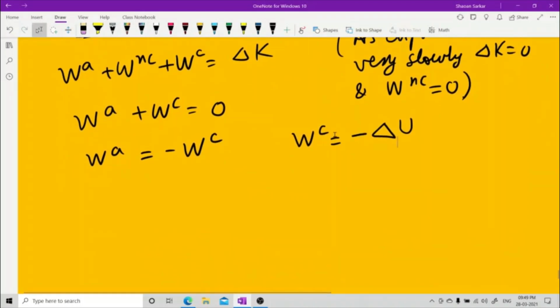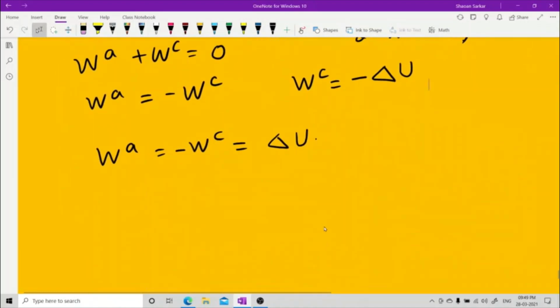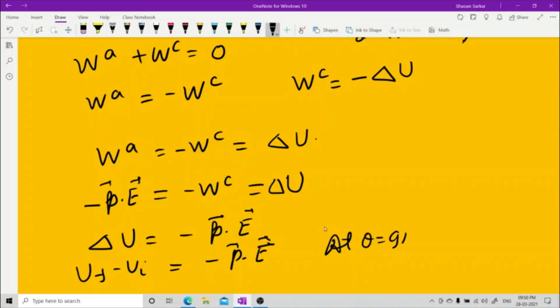So, comparing all this, W applied is equal to minus W conservative, which is equal to delta U. W applied we just found out is minus P dot E, so delta U is minus P dot E. From here, U final minus U initial is equal to minus P dot E. At theta 90, that is theta initial, U initial is 0.